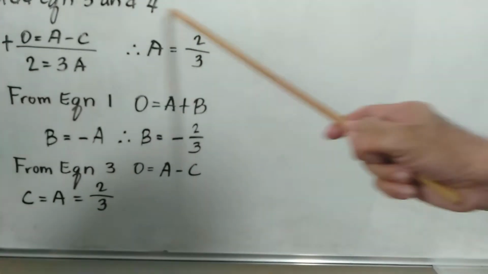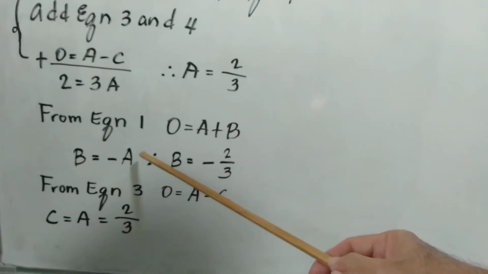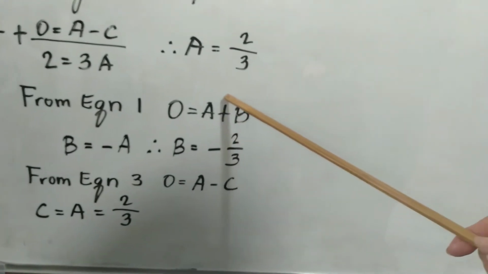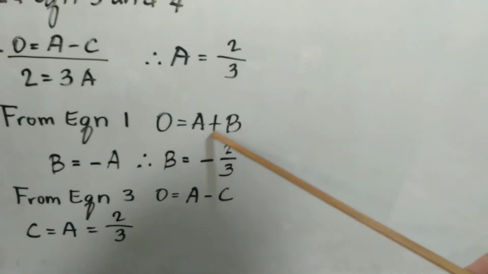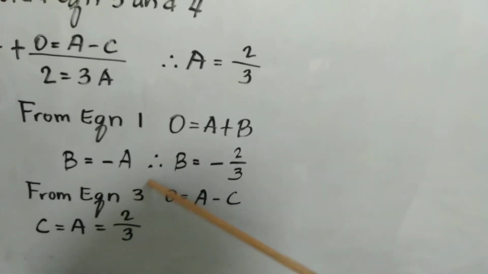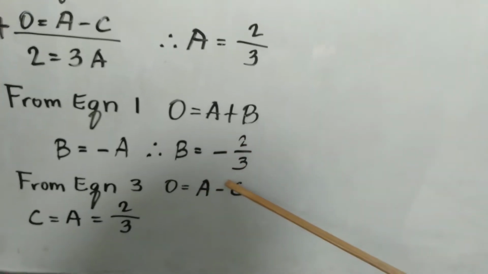Then we substitute this in equation 1. From equation 1, we have 0 is equal to A plus B. Since A is 2/3, B is equal to negative A, so B is equal to negative 2/3.